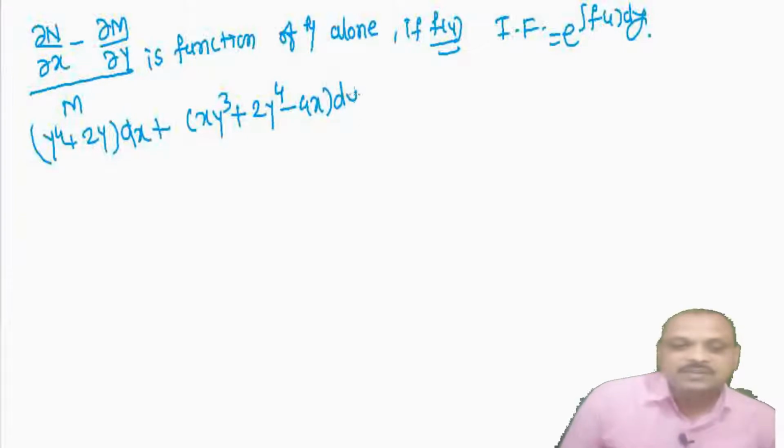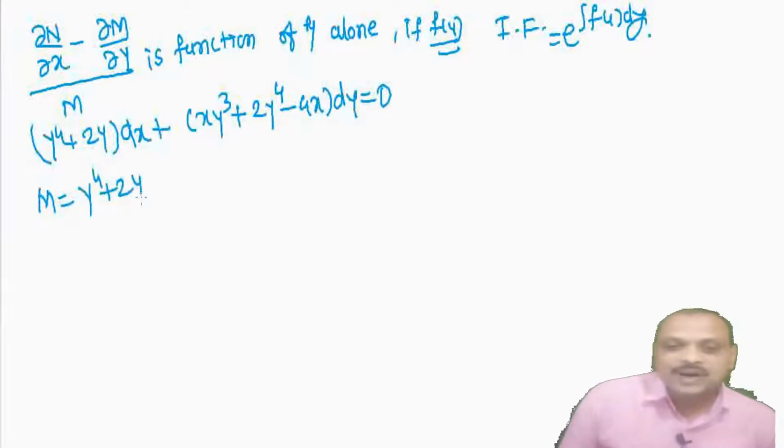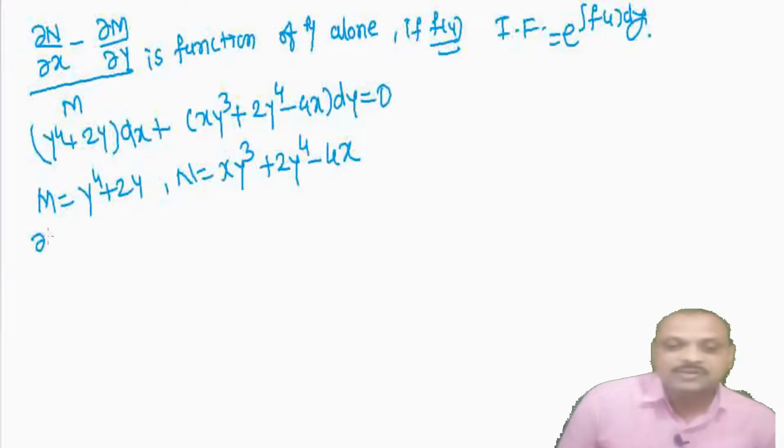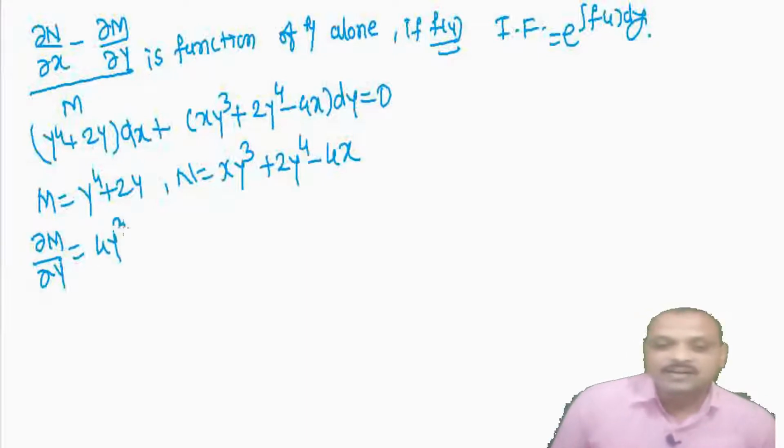In this equation, my m is y raised to 4 plus 2y and n is x into y cube plus 2y raised to 4 minus 4x. Then del m by del y equal to 4y cube plus 2, derivative with respect to y. Del n by del x: y is constant, so the derivative of x is 1, y is constant, so the derivative is 0, minus 4. This is del n by del x.